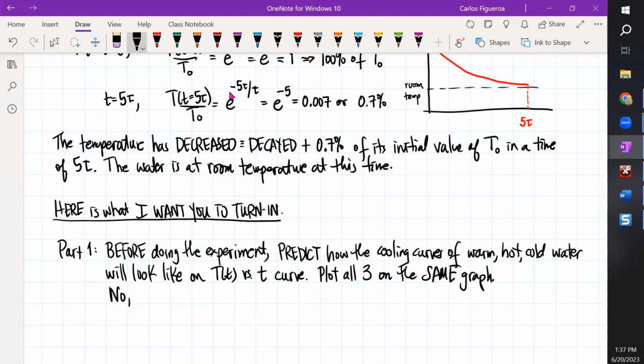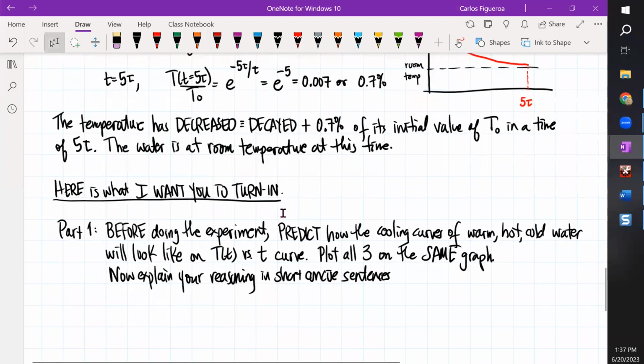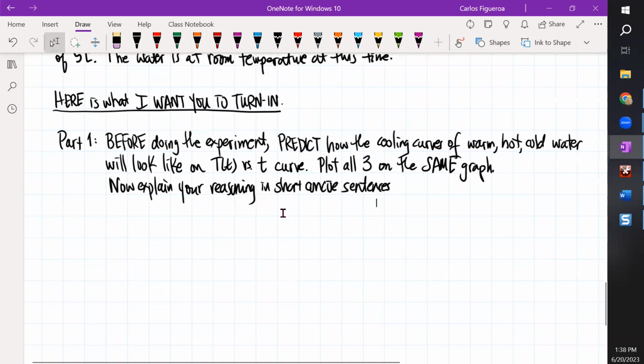Now, explain your reasoning in short, concise sentences. Then go to part two and do the experiment.